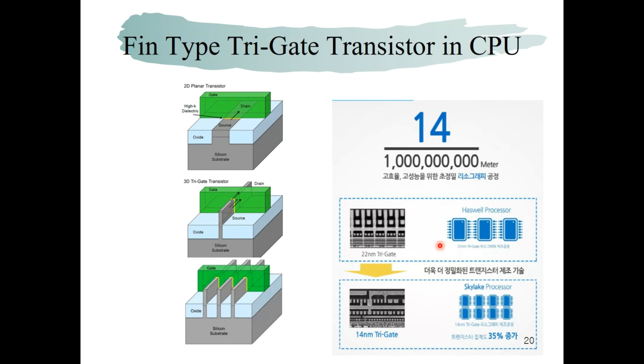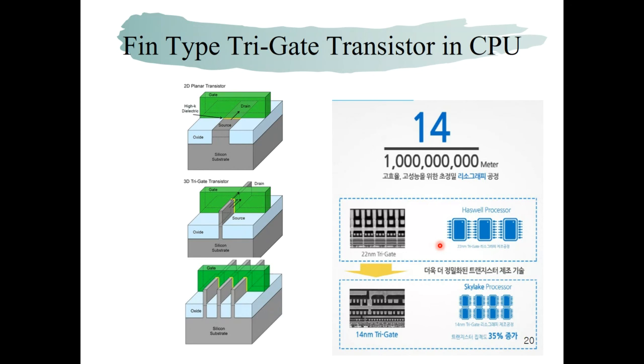Good. The reason I'm talking about this gate structure is, as you see here, the engineers in the semiconductor industry tried very, very hard to maintain the performance of the transistor. That's almost the limitation. So as I told you, nowadays it's around a 7 nanometer process.